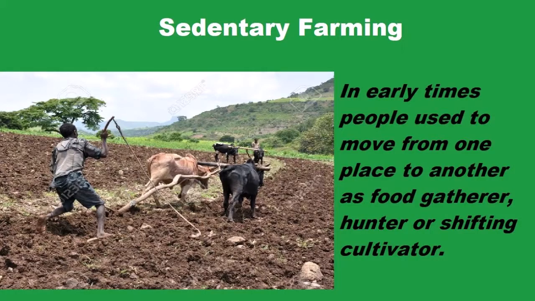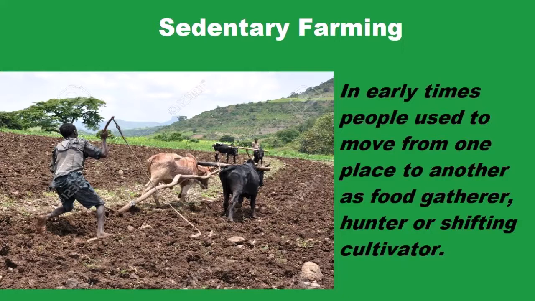In early times, people used to move from one place to another as food gatherers, hunters or shifting cultivators. When the farmer learned to maintain soil fertility, he settled down at one place and adopted techniques like crop rotation to conserve soil fertility.